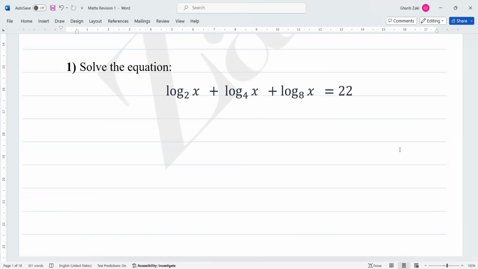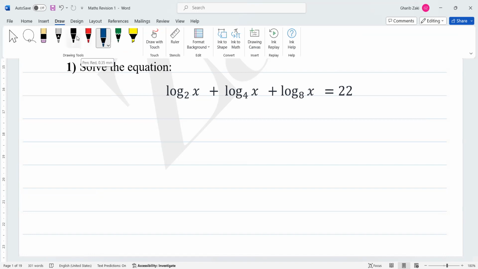Ready? Now, let us think. What do you notice about the bases here? The bases are different. Take care for this question.